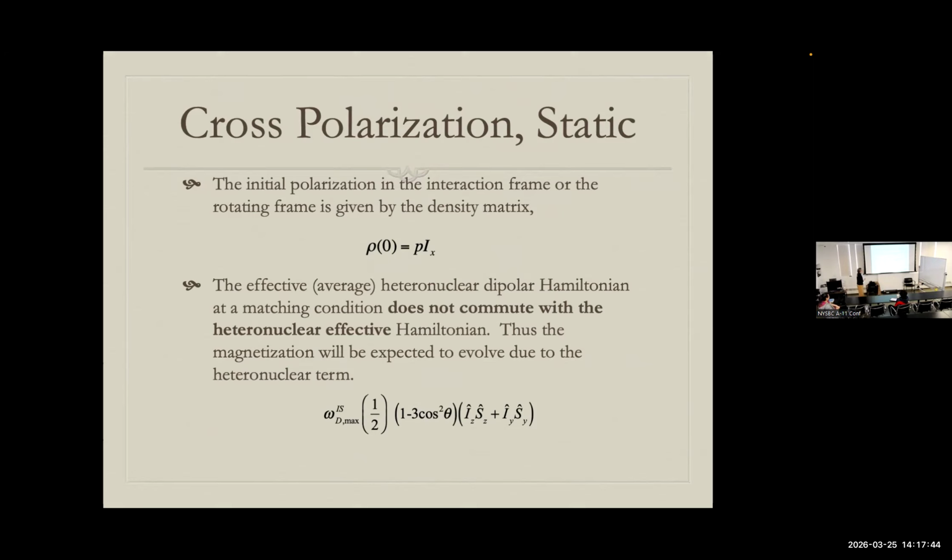I'm pointing out that the average heteronuclear dipolar coupling does not commute with the initial magnetization. There's a typo here. I'm just saying that this initial magnetization does not commute with the effective average. So you're going to see evolution there, and that's what we want to study.